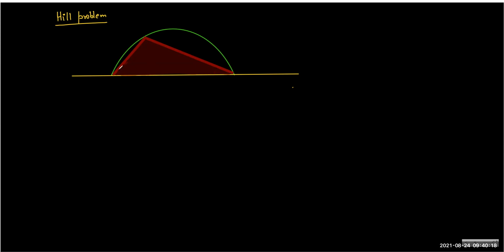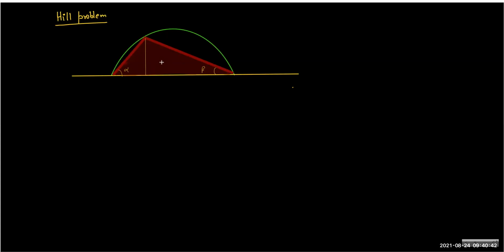This is called the angle of elevation of the mountain from the two ends. If you look from the left end, alpha is the angle of elevation, and if you look from the right end, beta is the angle of elevation of the mountain. The elevation means the peak. To look at the peak, how much you have to tilt your head.